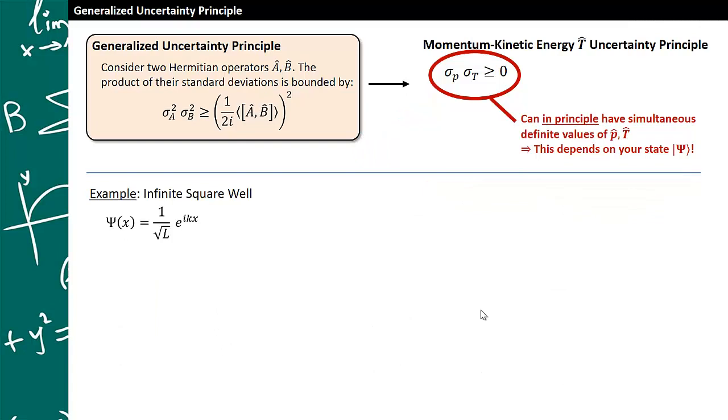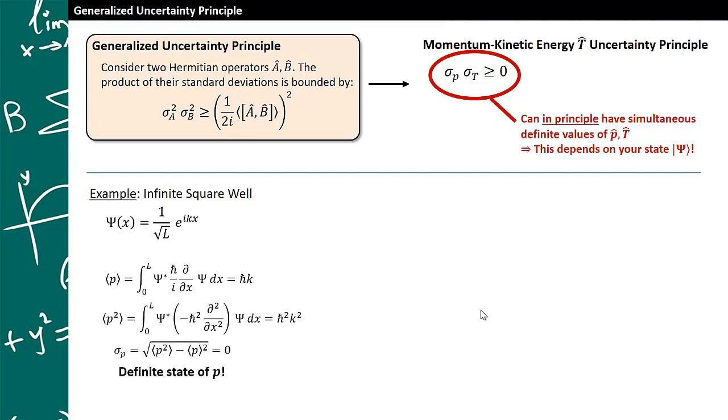Again, in the infinite square well, I'm going to choose 1 over square root of L e to the i kx. So let's calculate the expectation value of the momentum and the momentum squared, and then the uncertainty in the momentum. The expectation value of the momentum in this case turns out to be non-zero. Actually, it's h bar k.